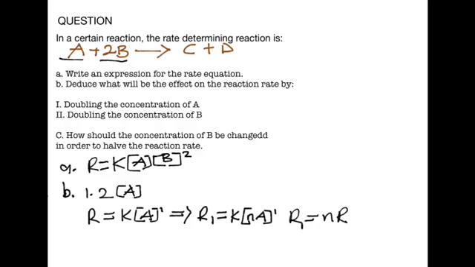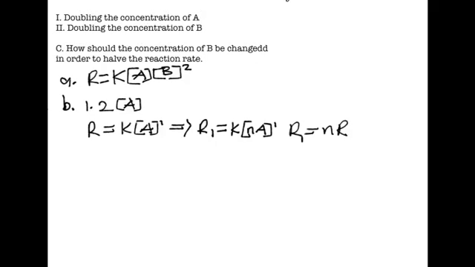In this case, our n is equal to 2 because we are doubling the concentration of A.